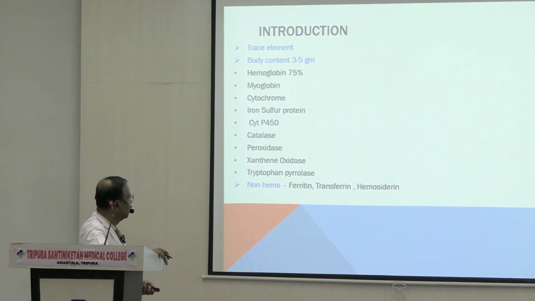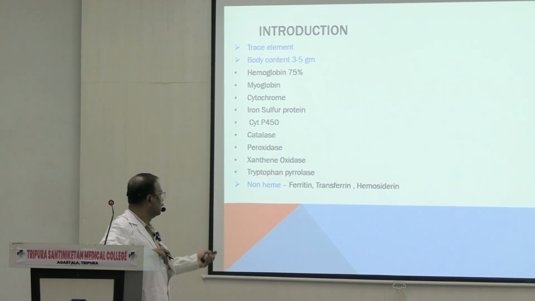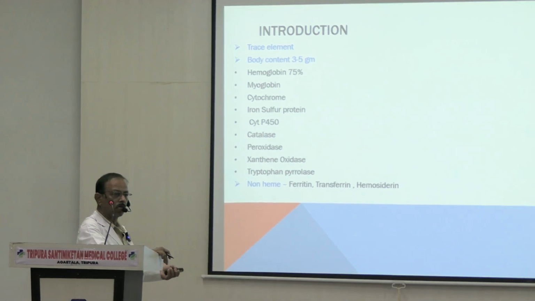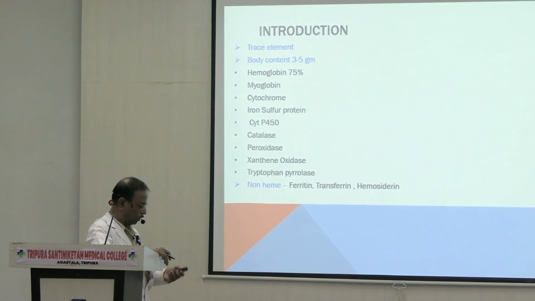These are the ferritin, transferrin, hemosiderin. Actually, this non-heme component is the storage or transport form of iron.